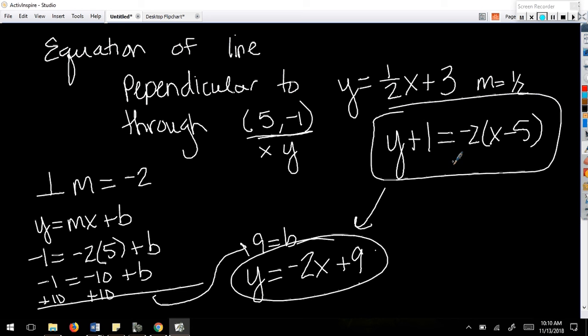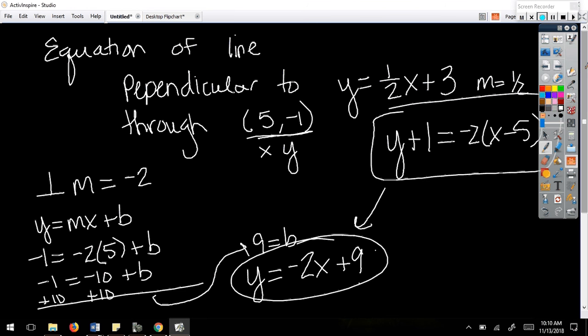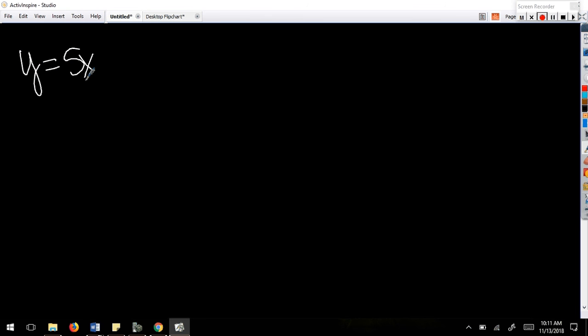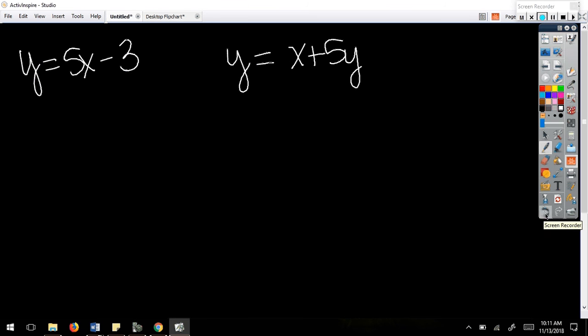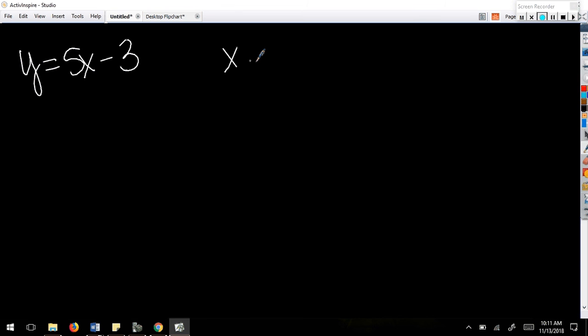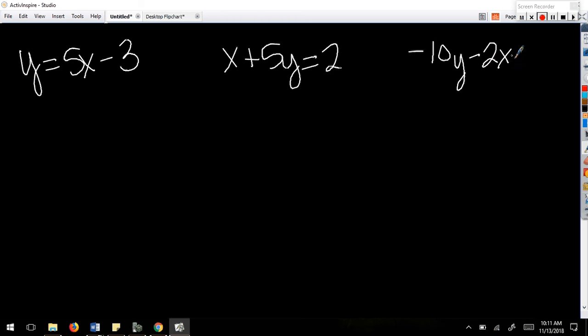Let's see if you understand parallel and perpendicular. I'm going to give you several equations, and let's talk about them. These are going to be a little bit harder because you're going to have to do a little bit of manipulation to determine the slope.